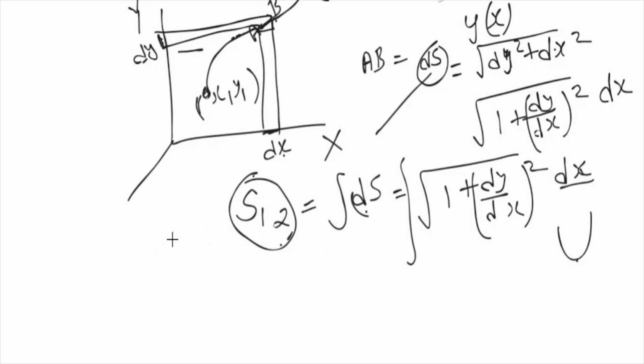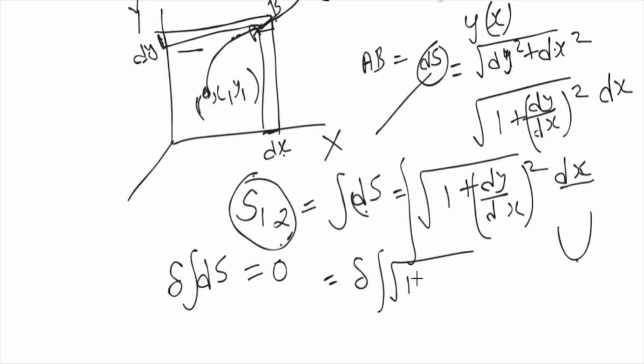We can write this equation as, if we make a small change, delta of ds is equal to 0, or delta of the integral of the square root of 1 plus (dy/dx) whole squared dx is equal to 0.